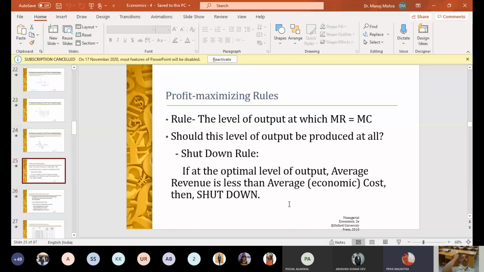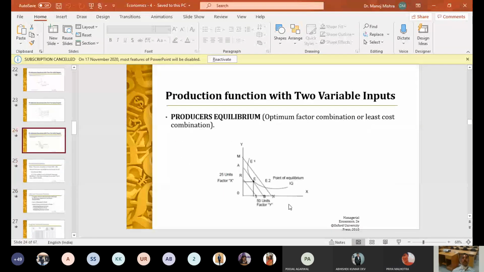Sir, can you please explain again the producer's equilibrium graph? Yes, yes. This is the producer's equilibrium graph. This graph is actually nothing but a combination of isoquant maps and isocost maps. When we combine them, obviously we are looking at a level of production. How do we get this level of production?